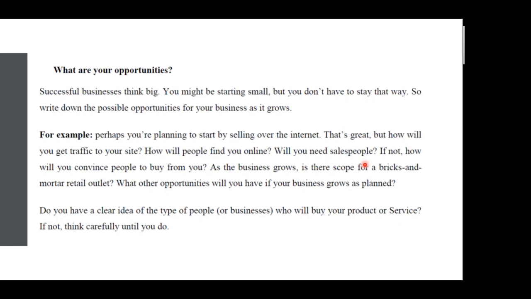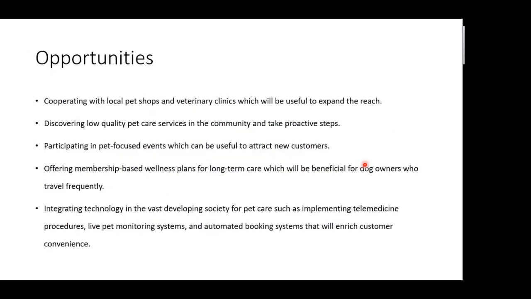Or else we can say the business opportunities, future potentials. Now let's see a few examples. If we take the same business as the example, see the opportunities.